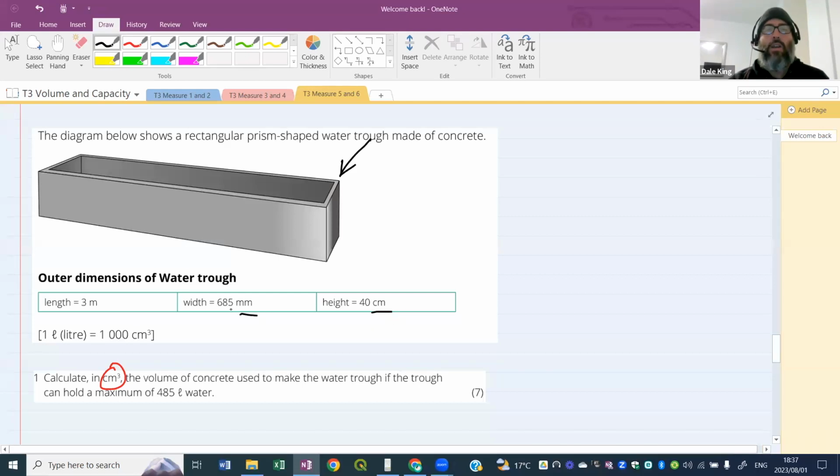So convert the width to centimeters. Careful, guys, they want the volume of concrete. So you see the gray boundary, the thickness of concrete that makes up this trough, not the inside. They want to know its volume.